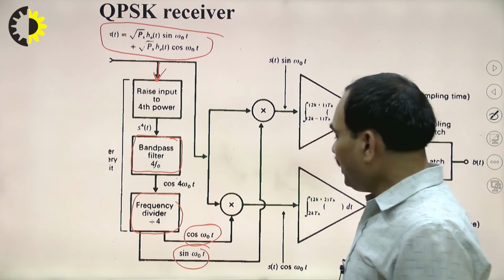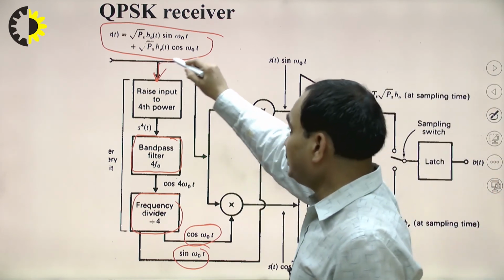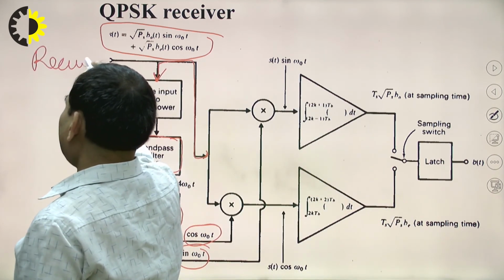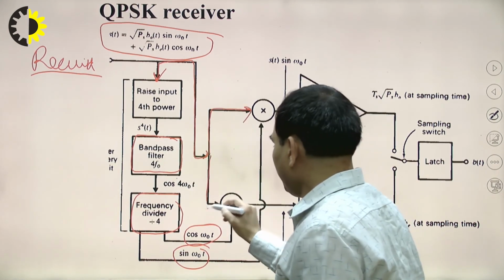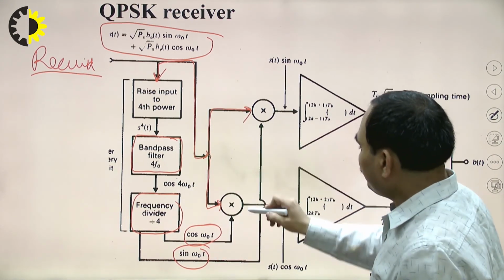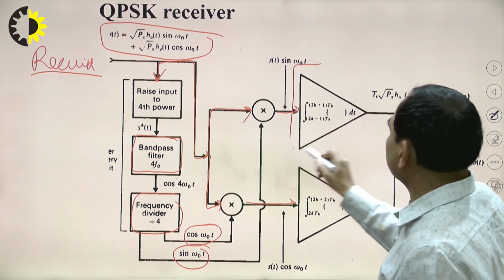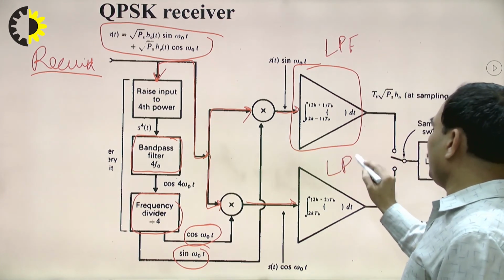Then we multiply these two carriers with the corresponding bits, the received bits we are getting at the receiver side, and these are multiplied. After the multiplication we pass through the low pass filter, LPF.